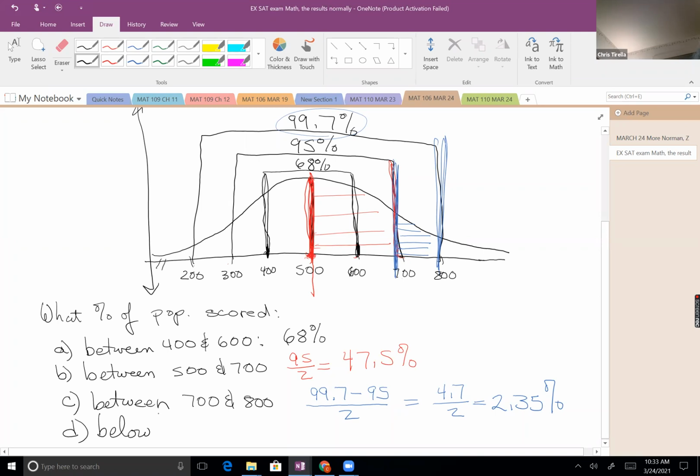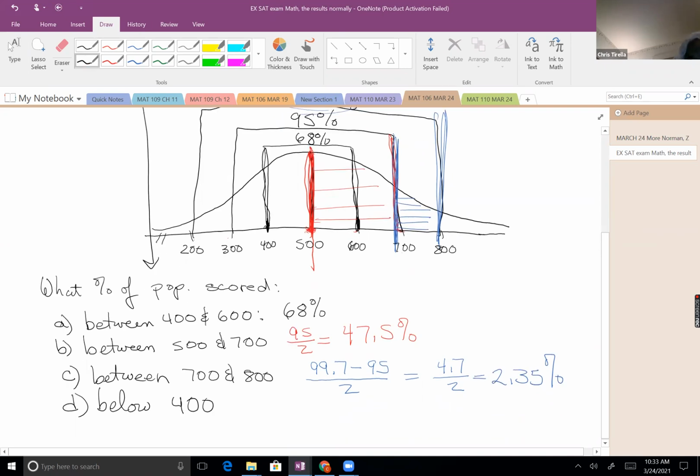And then next, let's see what percent people scored below, let's say 400. So we want from 400 all the way down.